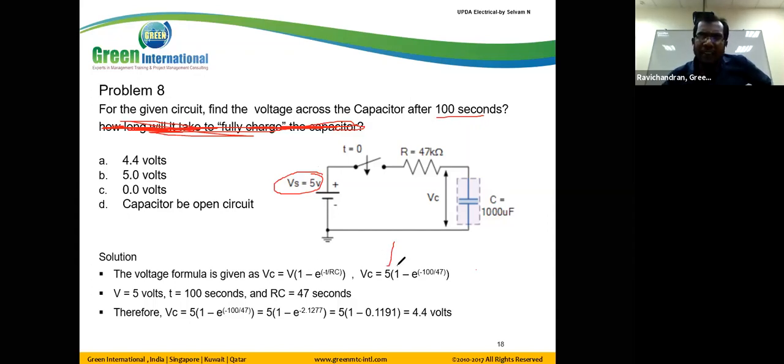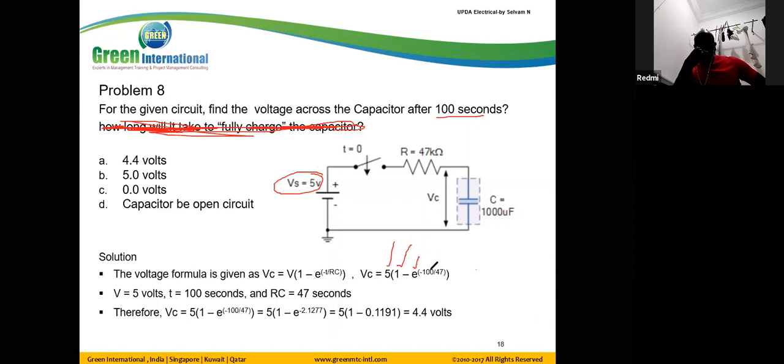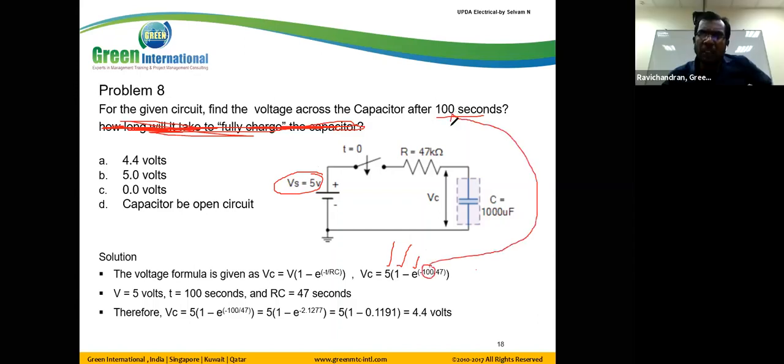Then 1 minus the exponential formula. Next we have T. I put 100. So this is the question paper, they ask the question with the given data, and RC is constant.